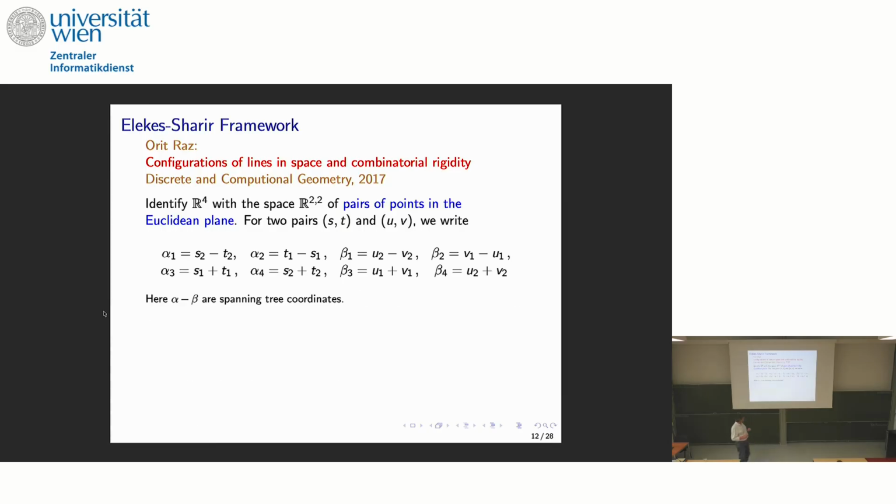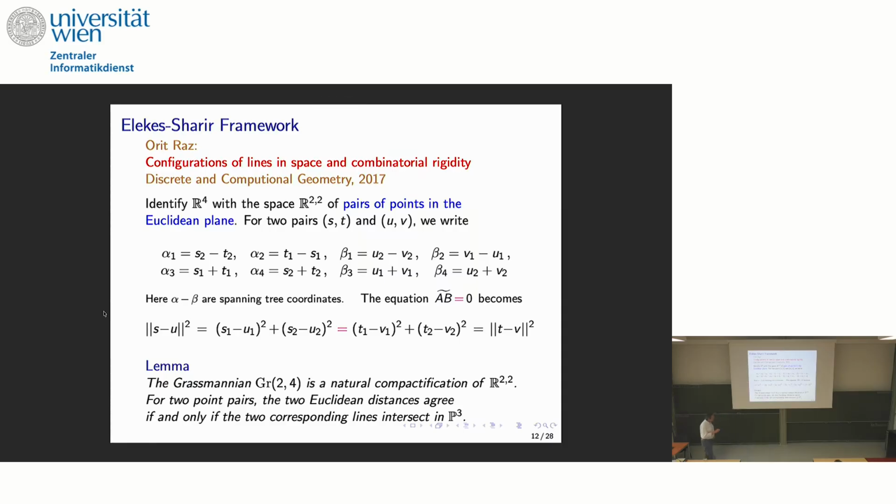Make this precise, namely, the equation that the lines A, B are incident. So the inner product of A and B in Plücker coordinates, or stacked 4x4 determinants, is equal to the equation that the Euclidean distance between S and U squared is equal to the Euclidean distance between T and V squared.